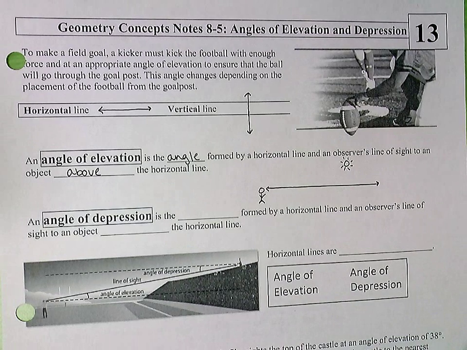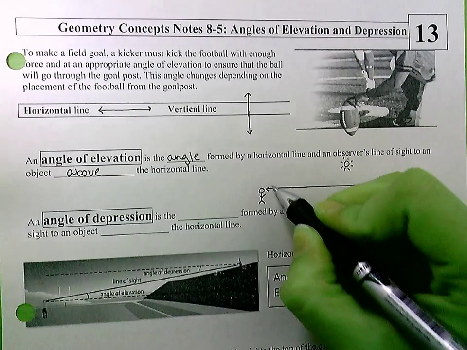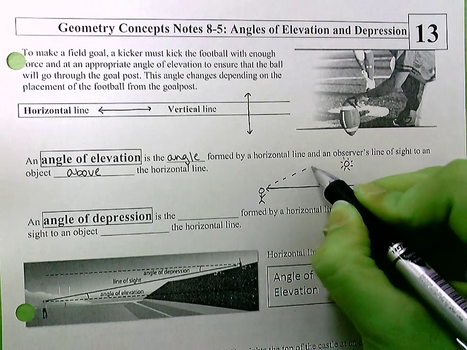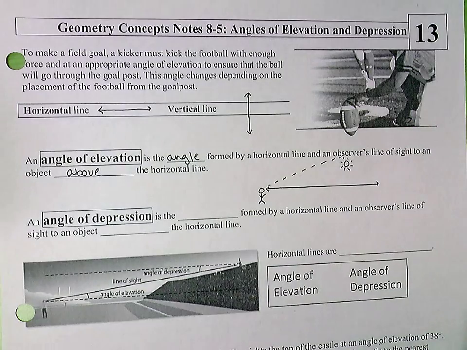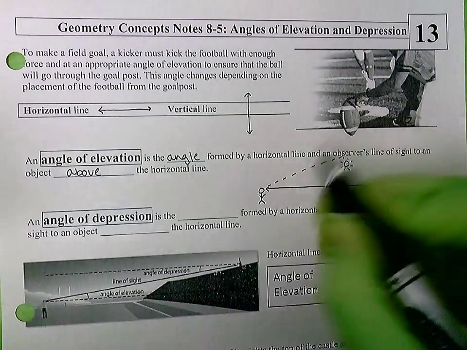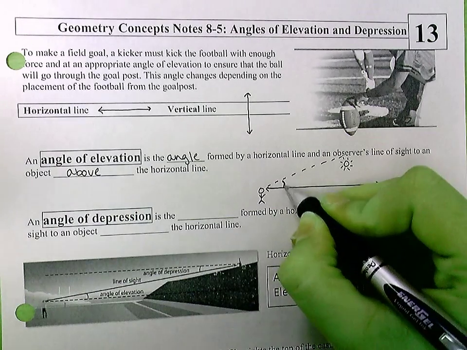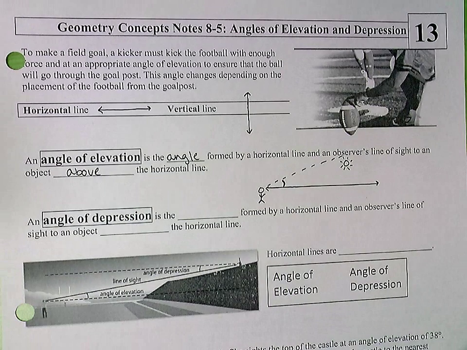So if a person was looking at the sun, to the top of it, that would make this angle of elevation here. When it says angle of elevation, it's always the person looking up to an object, the angle made from their horizontal, off of their eyesight, up to that object. You can see that angle formed there.